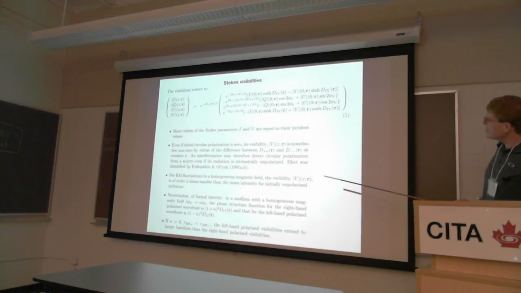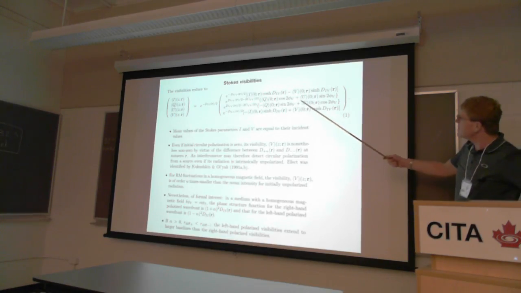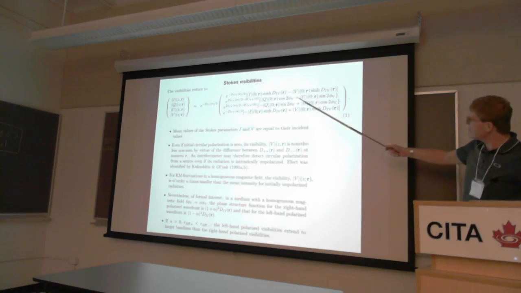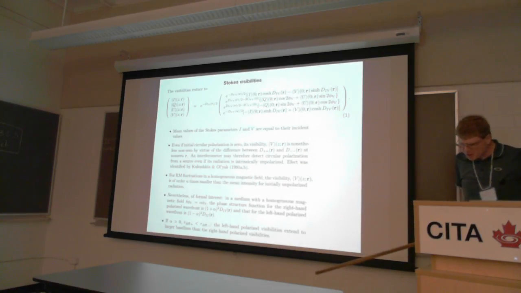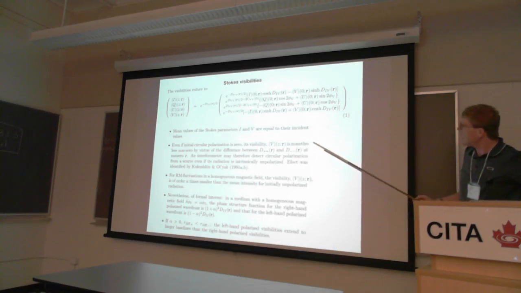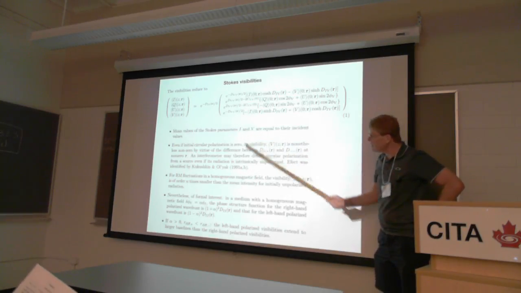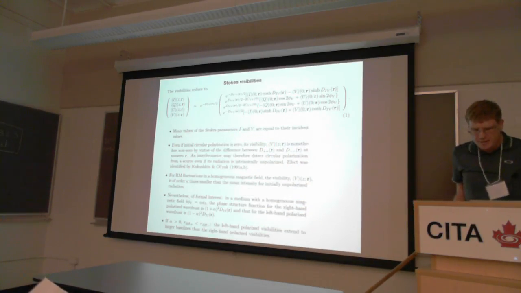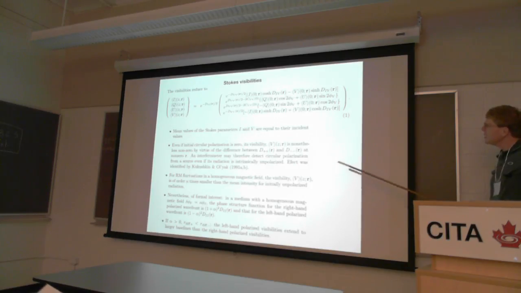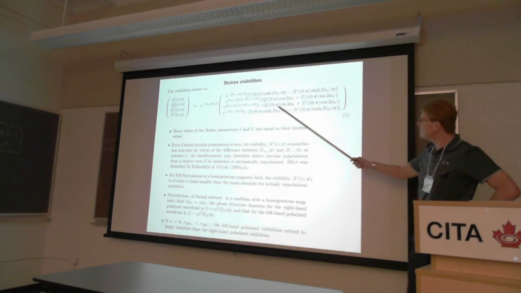The interesting thing that's slightly new, but actually only from a formal point of view because the effect is too small to measure, is that if I start off with something which has no circular polarization, I can actually get a visibility in V that is non-zero. And the reason is due to this thing here.